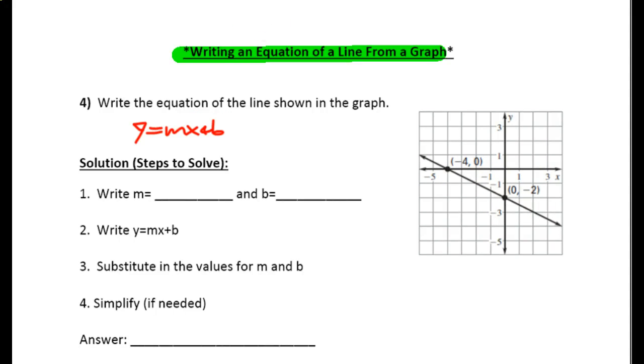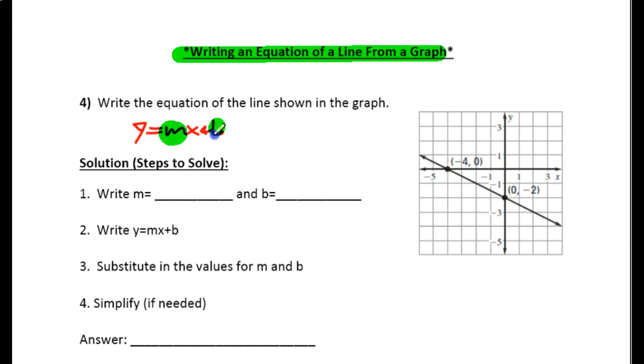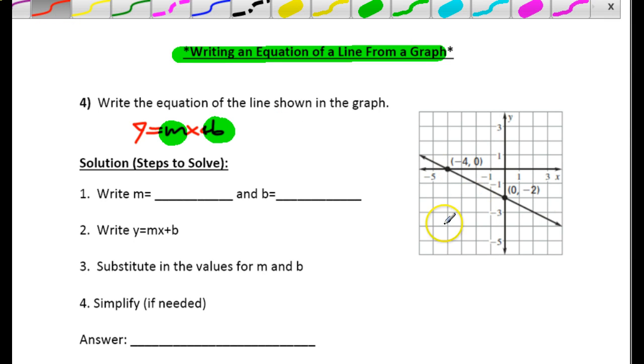So just like the first page that you did, you need two things from the graph. You need the slope, you need the y-intercept, okay? Just like you use those to graph it, I need those from the graph to make the equation. So when we go to our first graph here, to write this equation, let's get the y-intercept first.